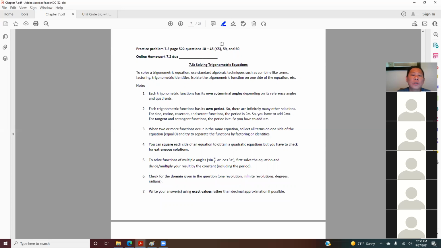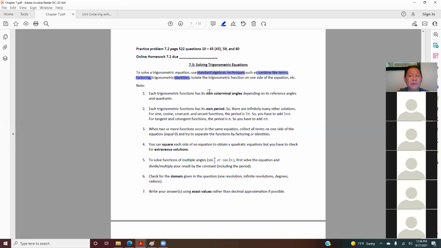Every time you solve a trigonometric equation, it's like solving with normal algebraic technique, like combining like terms, factoring, moving the sine x over there and dividing by 2, like solving equations that you did in your normal algebra class. This one you might need to apply your trigonometric identities.